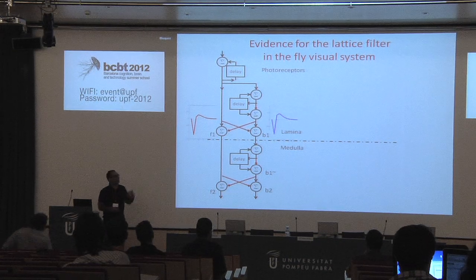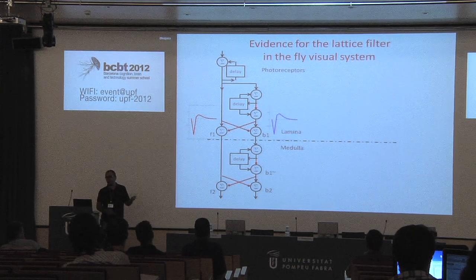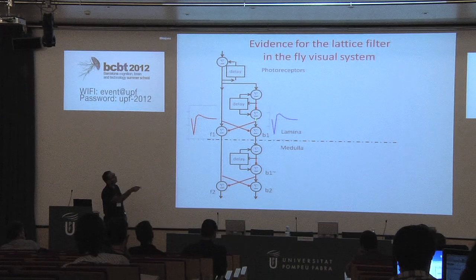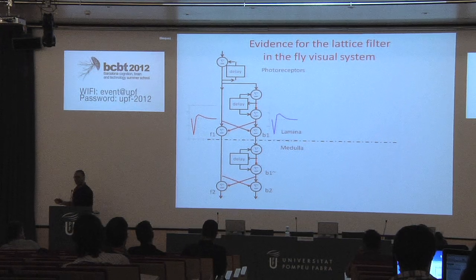So for example, if you want to learn a certain response or you want to learn an association, the best way to do it, it turns out, is to decompose your input into those features that are the outputs of subsequent stages of the lattice filter, because they happen to be orthogonal.